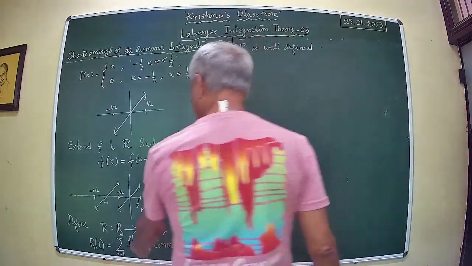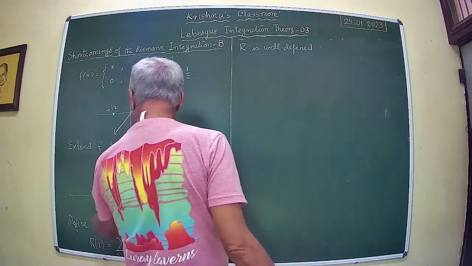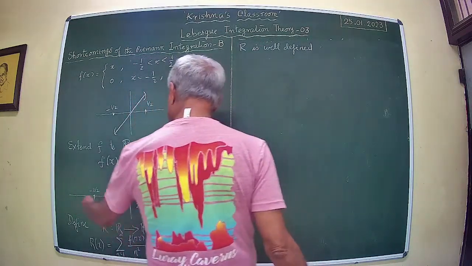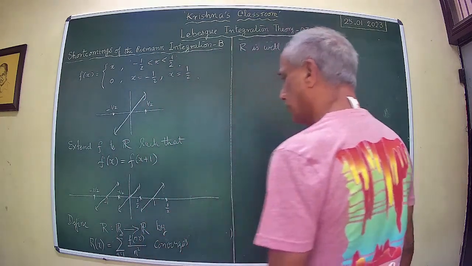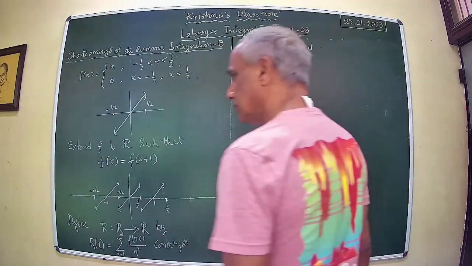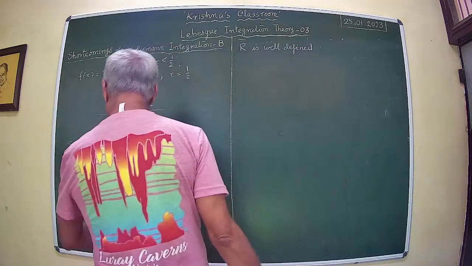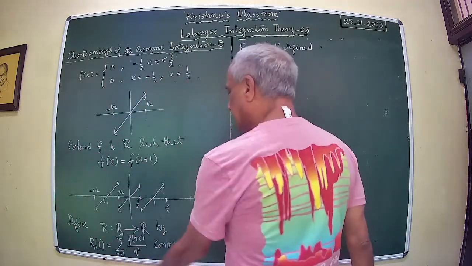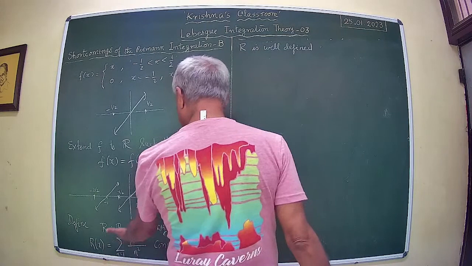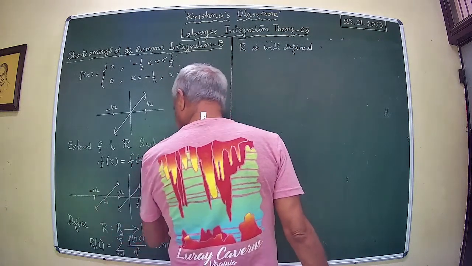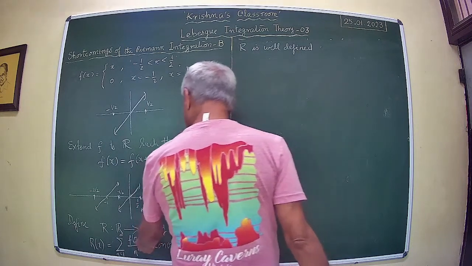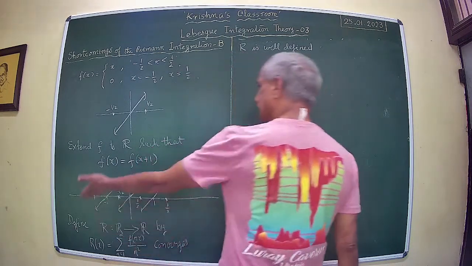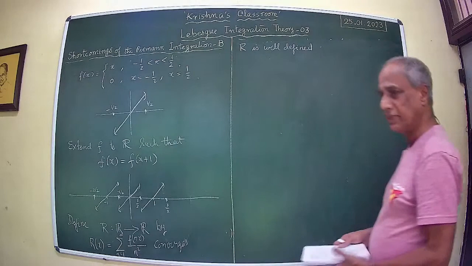Now because you are taking f n x, f itself has discontinuities at several points like minus 5 by 2, minus 3 by 2, or 2n plus 1 by 2 for all values of n. Now you see that with each term the discontinuity spreads.